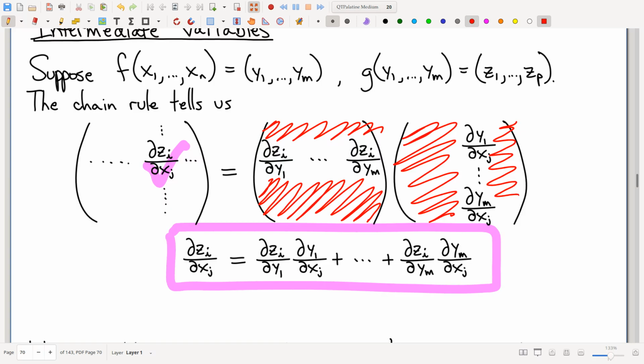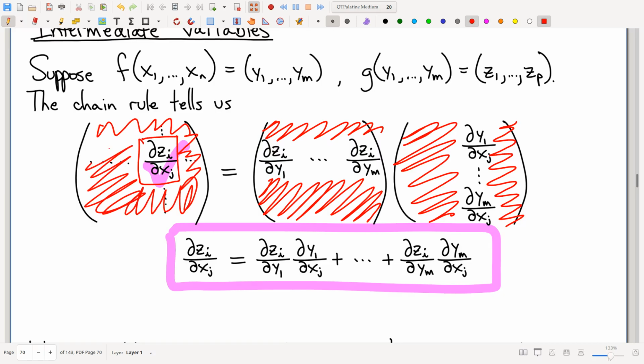I don't have to compute any of that. I also don't have to compute anything outside of the one element of the product matrix that I'm just not interested in, right? So this spares us all of the red and gets down to the tight, streamlined computation of exactly what we need.